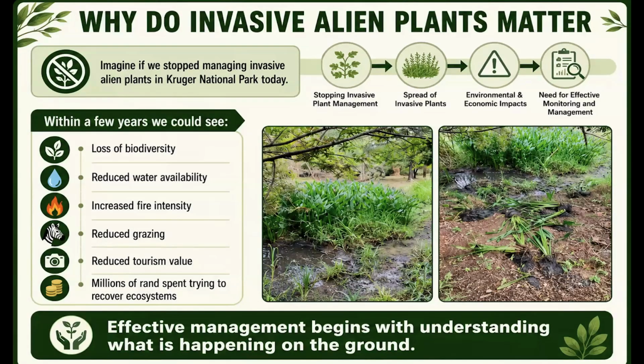They will cause a lot of environmental and economic impact. So within a few years, we'll see loss of biodiversity, reduction in terms of water availability. We'll see an increase in fires, a reduction in grazing, tourism value, and as a result, we'll have to spend millions of rands trying to recover the ecosystem.